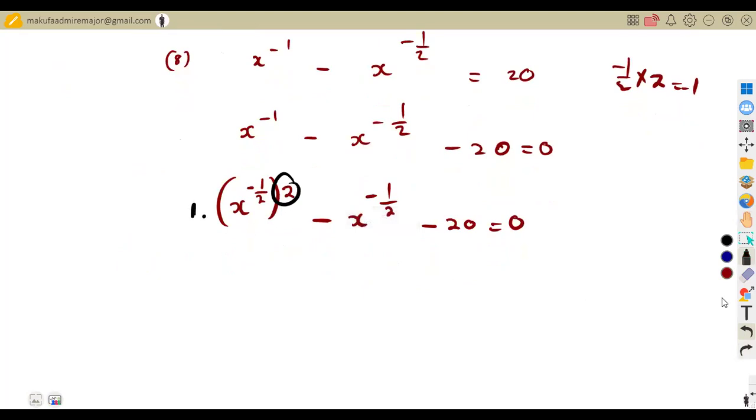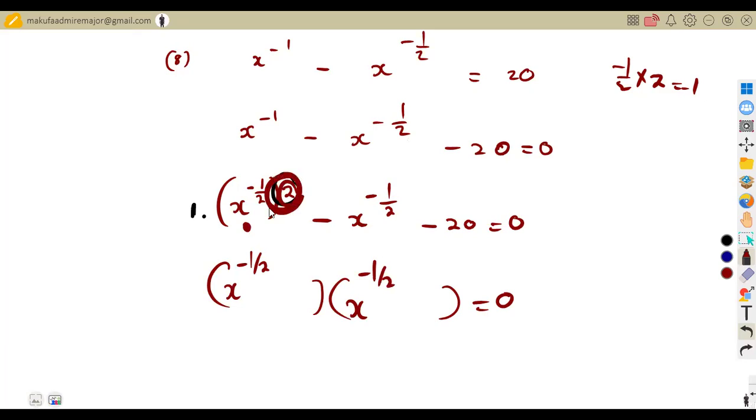So from the concept that we've got 1, we're going to have 2 brackets. Factorize, we can use the K method, or just use the x to the exponent of -half as it is, the one that is raised to the exponent of 2. Then consider the factors. What are the factors of -20? But these factors should give us a -1 when added, and a product of -20.